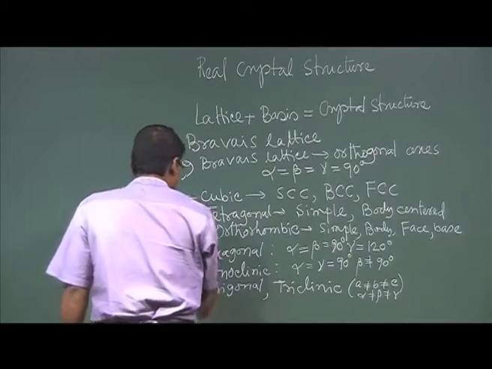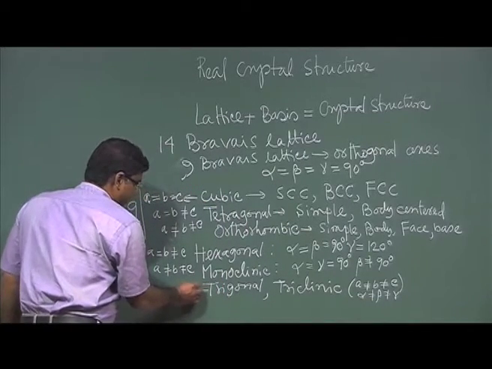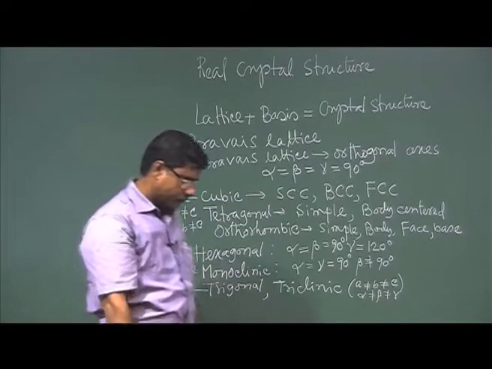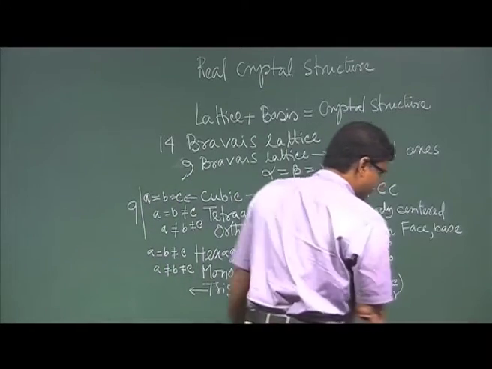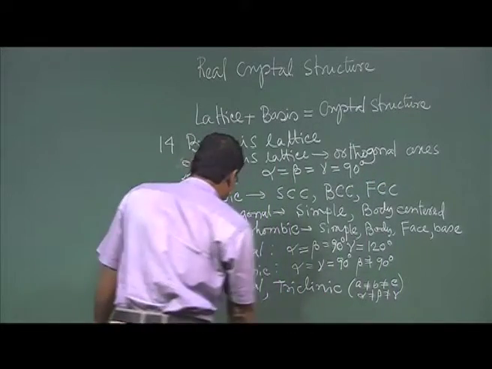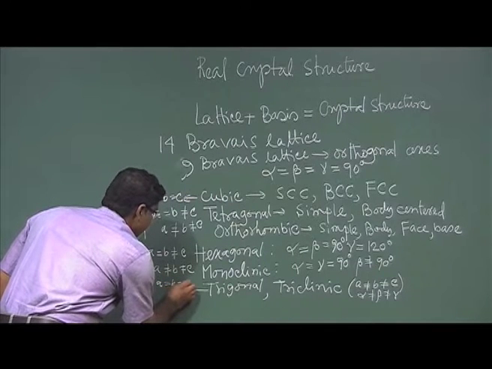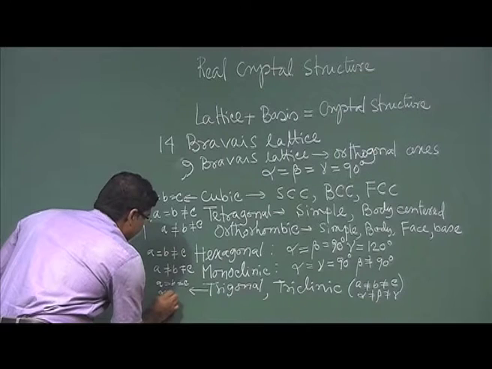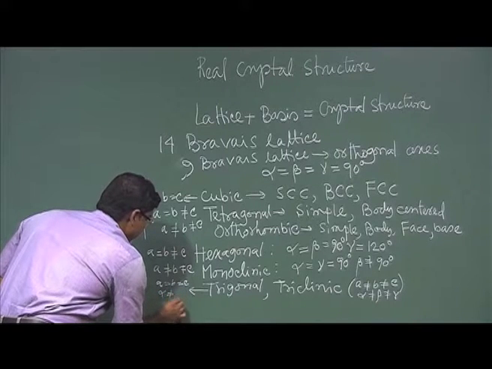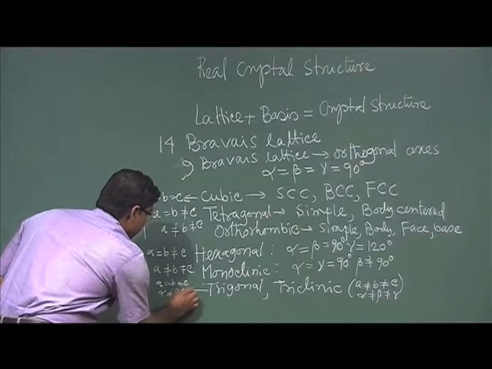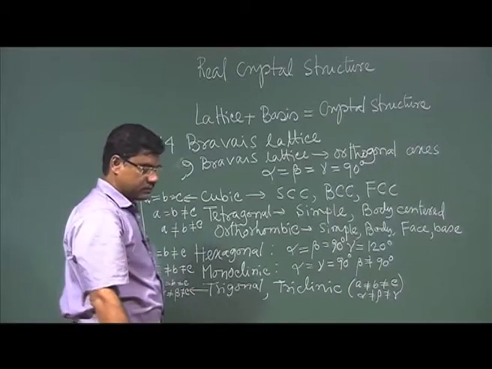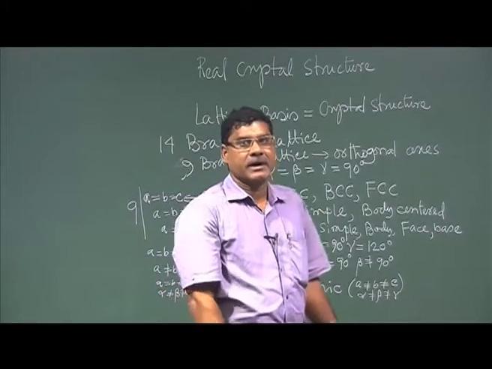And trigonal, also called rhombohedral, has A equal to B equal to C, but all angles are different and they are not 90 degree.